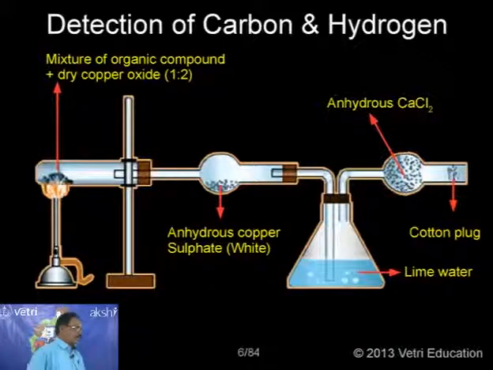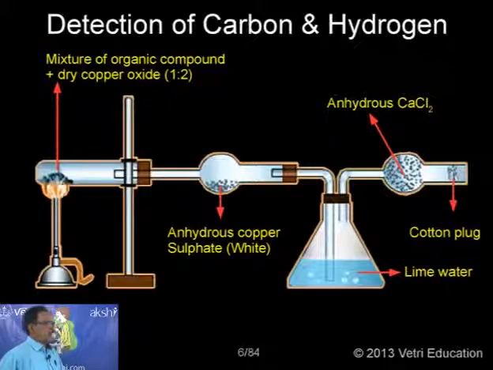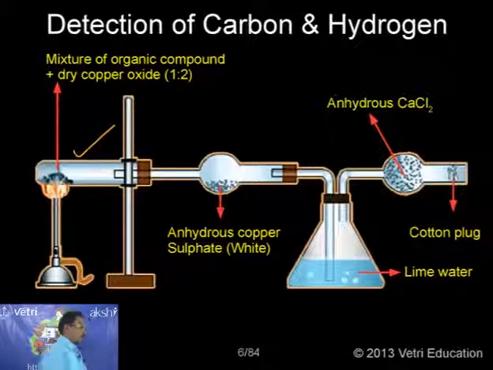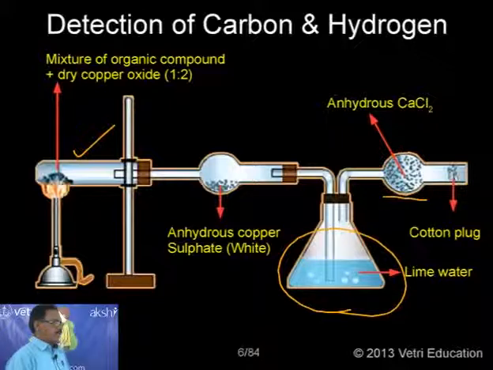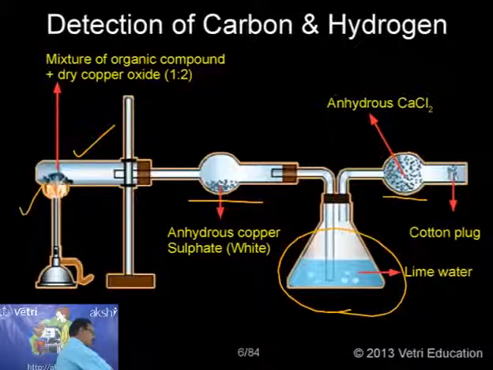So what is the actual procedure? Take a known quantity, a small amount, of the organic substance, and take excess of dry copper oxide in this glass tube. Then in this flask we take lime water. Here, in this case, is anhydrous calcium chloride. And in this case we take anhydrous copper sulfate, which is white in color. Now, when we start the experiment, heat strongly with the help of a burner.